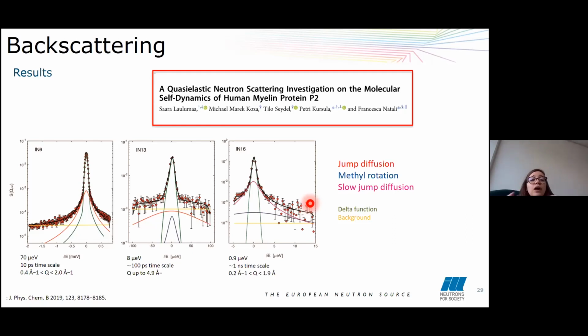In this example, quasi-elastic spectra were collected on 3 instruments with different energy resolutions here at ILL. The spectra measured at different energy resolutions, which varied from 70 microelectron volts to 0.9, enable the investigation of proton dynamics on time scales from 10 picoseconds to 1 nanosecond. And with this time scale, a wide range of different atomic fluctuations in a protein happens.